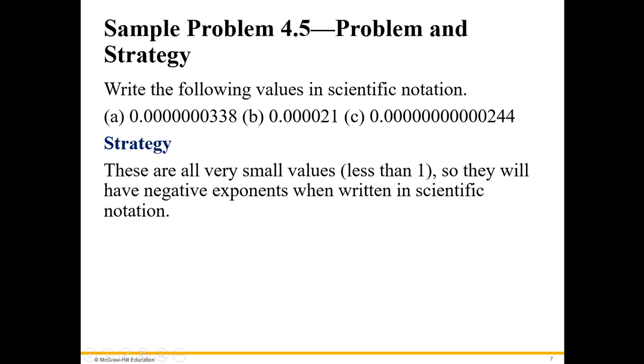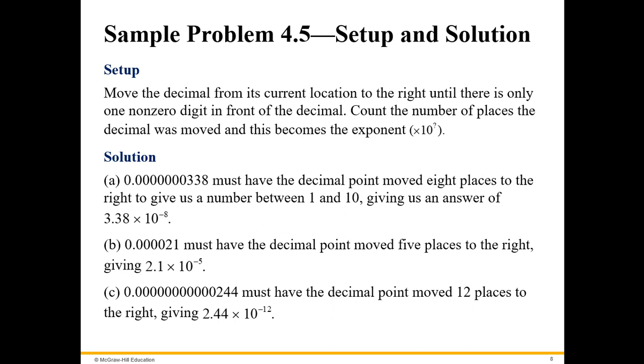You already see the decimal point. 1, 2, 3, 4, 5, 6, 7, 8. Then you get 3.38 times 10 to the power negative 8. You look at this one. 1, 2, 3, 4, 5. 2.1 times 10 to the power negative 5. It goes like that.